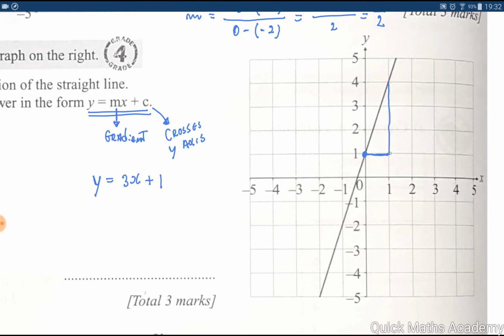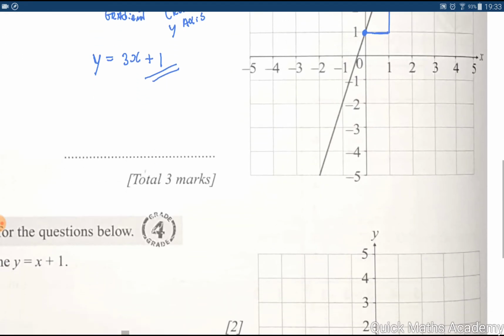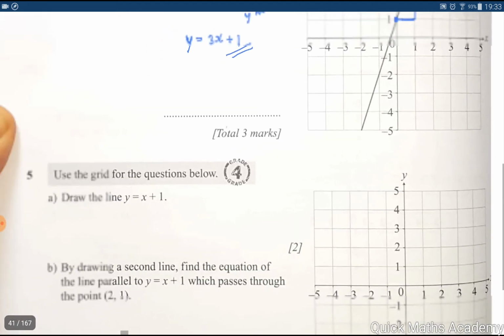Positive 3, because the declination is to the upside. So there we have it. We have the gradient, we have the c, so we have our equation of the straight line: 3x plus 1. Okay, it's done. Okay, next one.